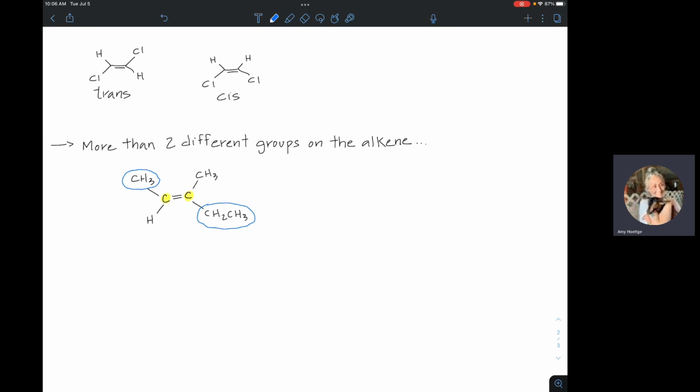So in this situation, we have the two biggest groups, and these are going to be across from each other on the double bond.